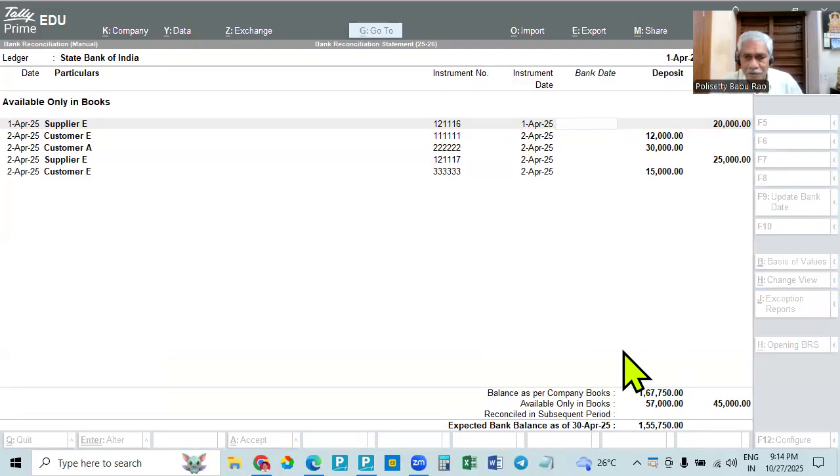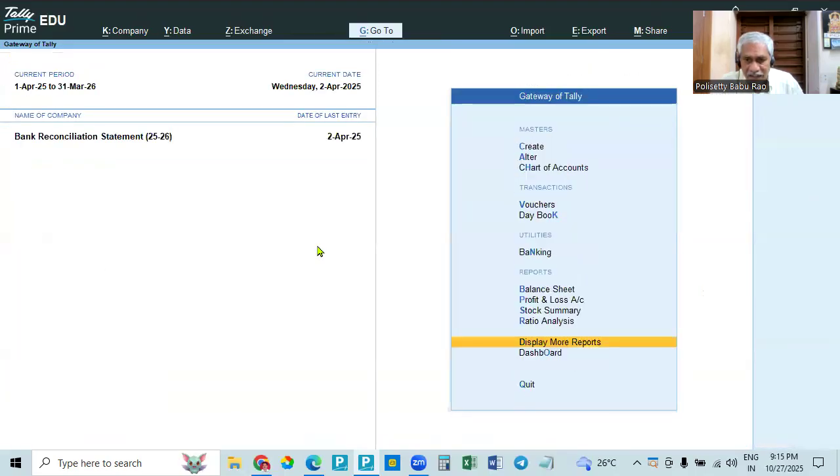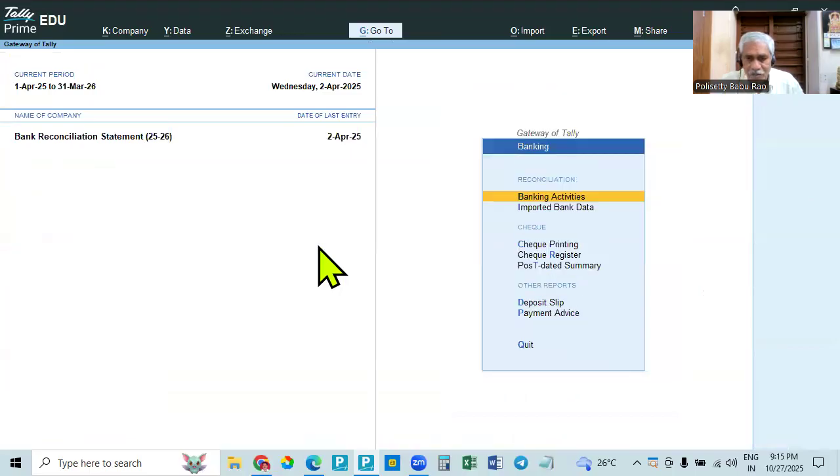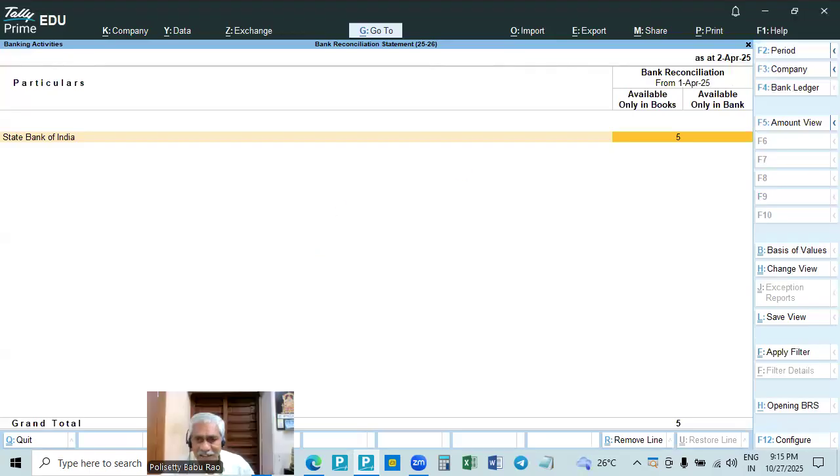Okay. Now if you come back here, directly we come to Tally, come to banking. So here, if you see banking activities, there are 5. See, 5 transactions are available only in books. Available only in bank, nothing.